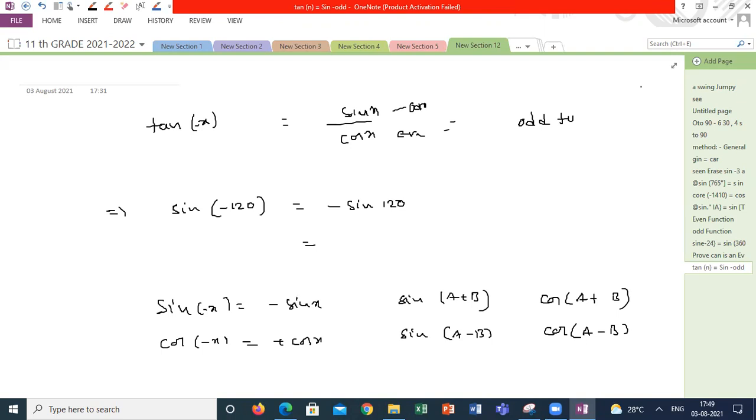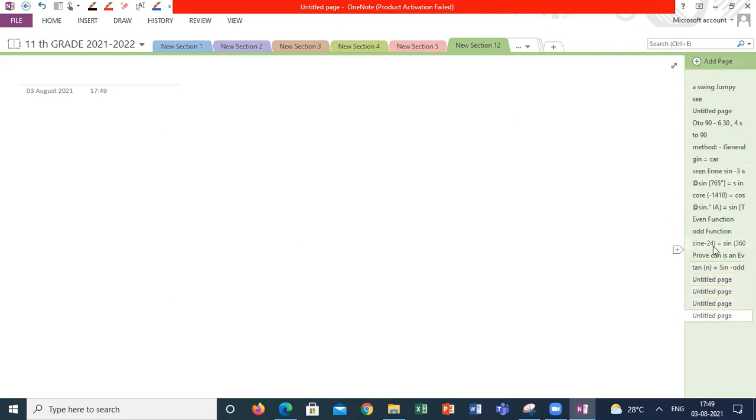There is an angle x in radian, y is equal to cos 1 degree, then first option, x is equal to y.